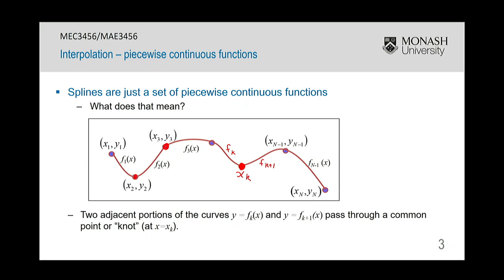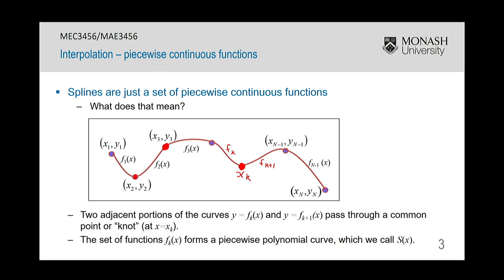At the point x3, f2 and f3 have the same function value, etc. So that's what we mean by piecewise continuous. So this set of functions, the fk's, forms a piecewise polynomial curve, and we're going to call that curve s of x, s for spline. Even though these splines are continuous at each of the knot points, we don't know anything about the derivatives.